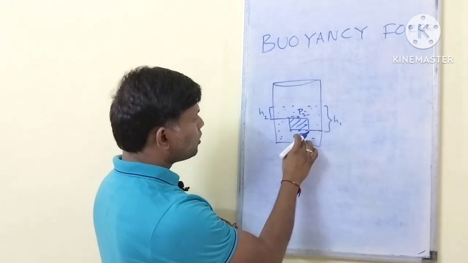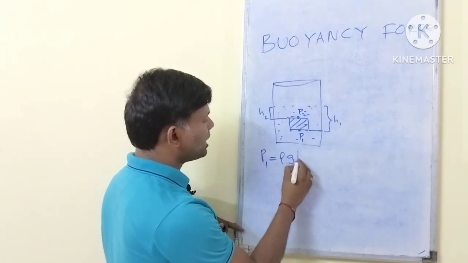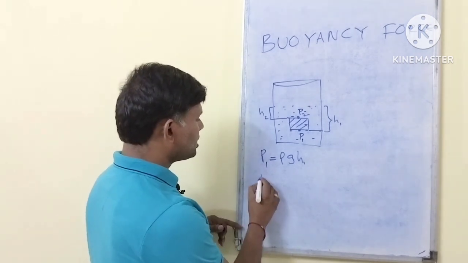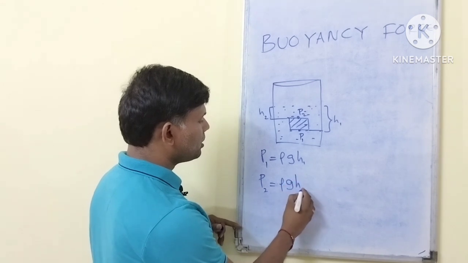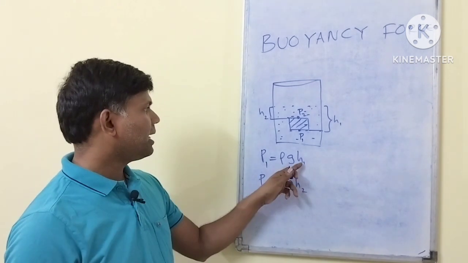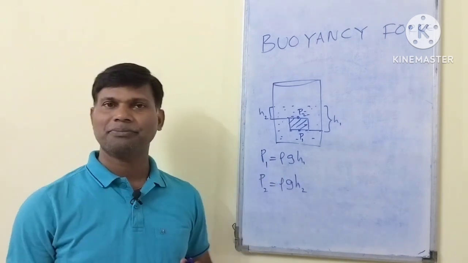So P1 is equal to rho into g into h1. P2 is equal to rho into g into h2. Which is higher? h2 is greater than h1, so P2 is greater than P1.